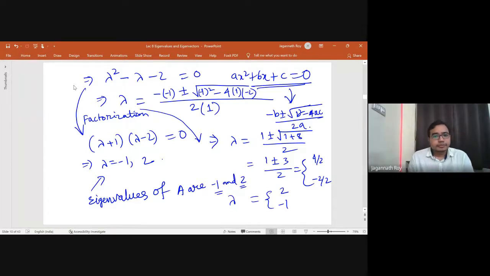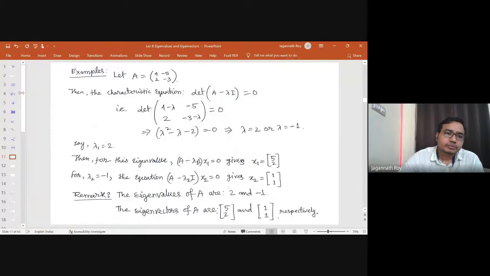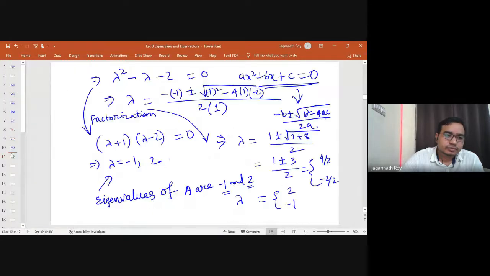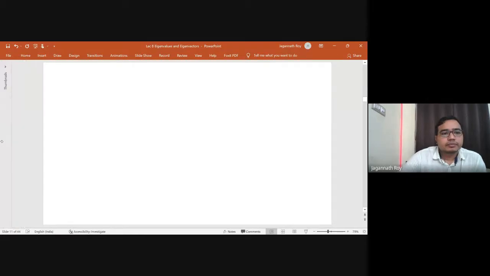Now, if you remember the definition, Ax equals lambda x, where x is this vector x1 and x2 for this particular 2 by 2 matrix.